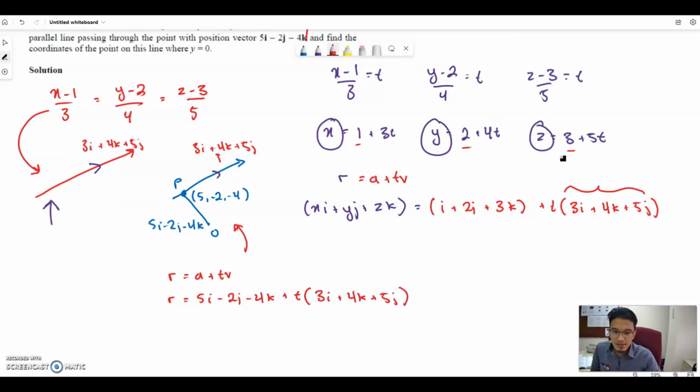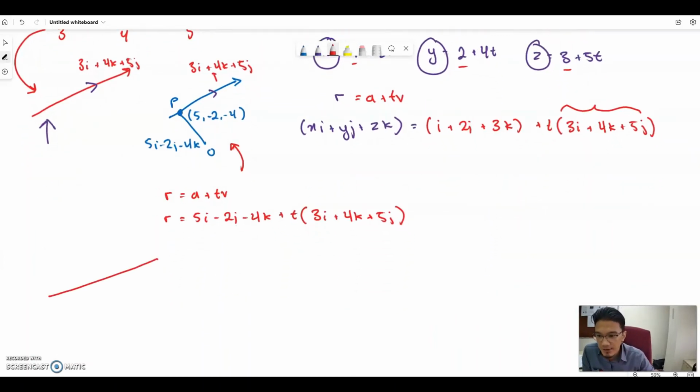So that is the equation of the line that we are looking for. And the next question wants us to find the coordinate of the point on this line where y is equal to 0.